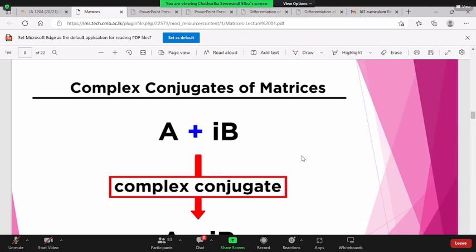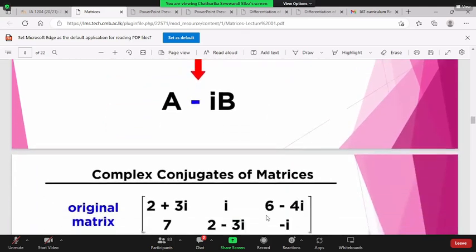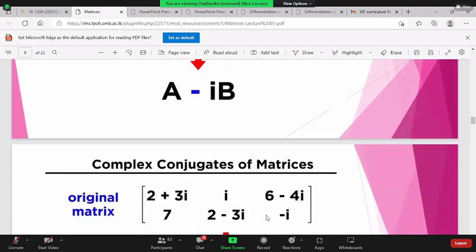That is also applicable to the elements of matrices. Previously we learned about complex conjugates of complex numbers, and here we are going to apply that to matrices.